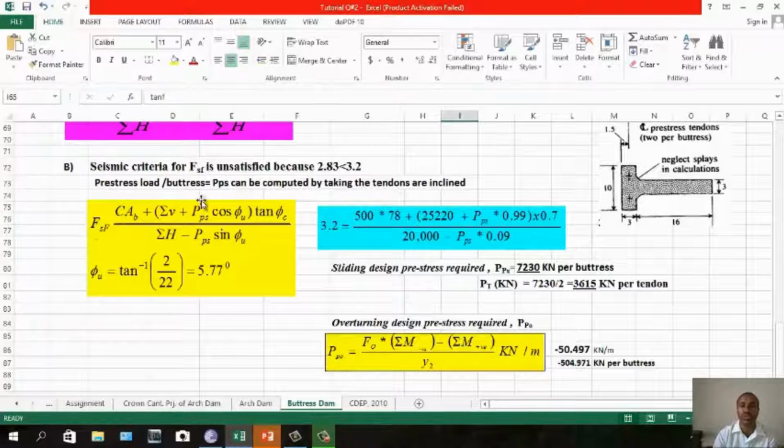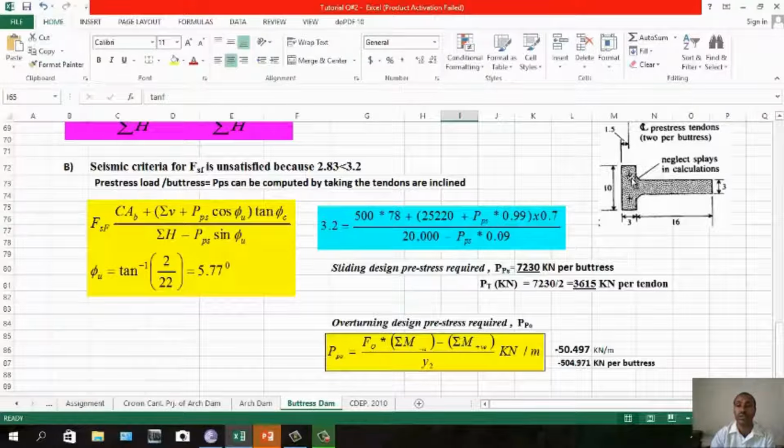You have this equation. If you fix the shear friction, what will be the design prestress required for sliding? Substitute, and you get the sliding design prestress required, PPS, 7,230 kilonewton per buttress.